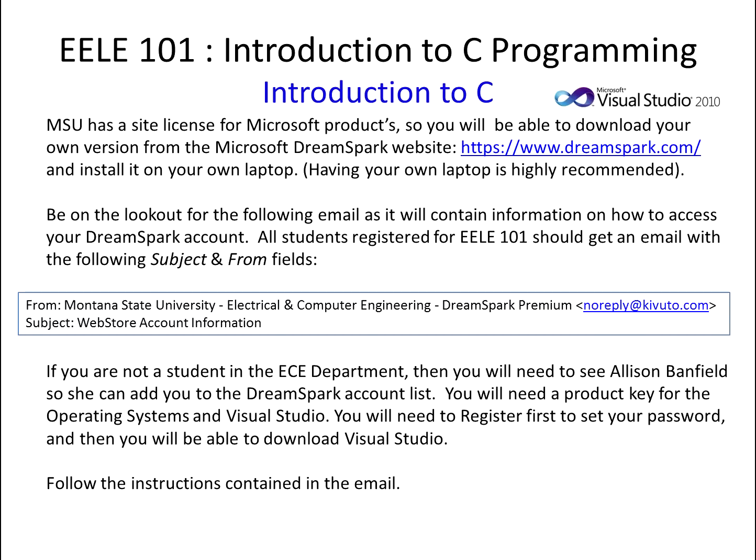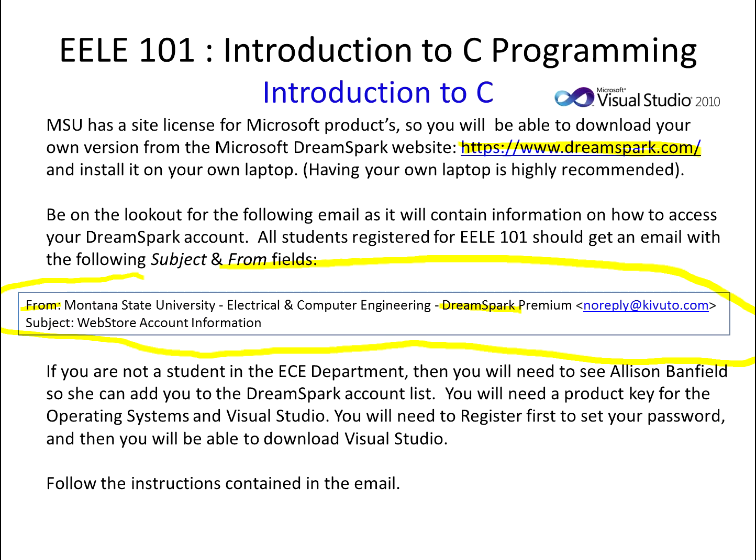At some point in the near future you should be getting an email, and the email that you will receive is highlighted here in the middle. Notice it will be coming from the MSU ECE department, and what you'll want to pay attention to is DreamSpark, because that is the site that you will need to go to.